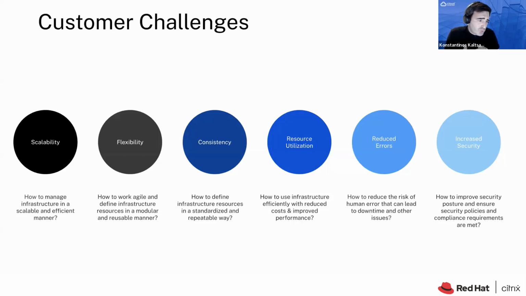The challenges have to do with how they can scale, how they can be flexible, how they can be consistent, how they can utilize their resources in a good way, how they can reduce errors, and how they can increase security. So let's talk a little more about each one of these.